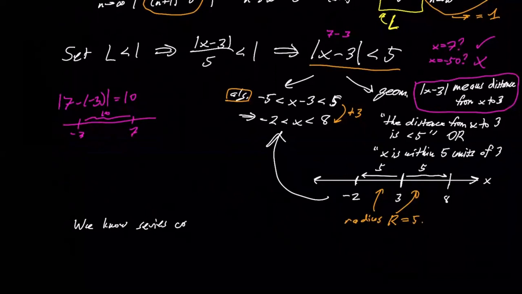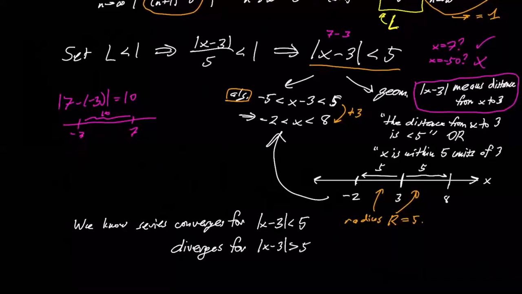The series converges for the absolute value of x minus 3 is less than 5. It diverges when the absolute value of x minus 3 is greater than 5.